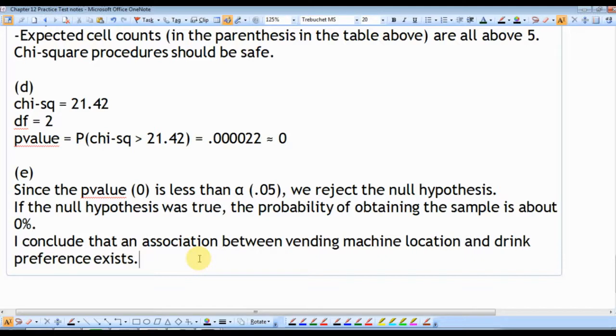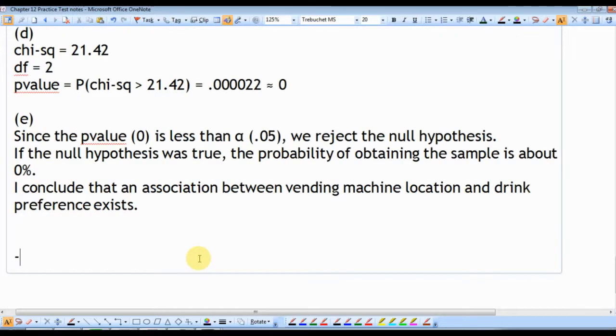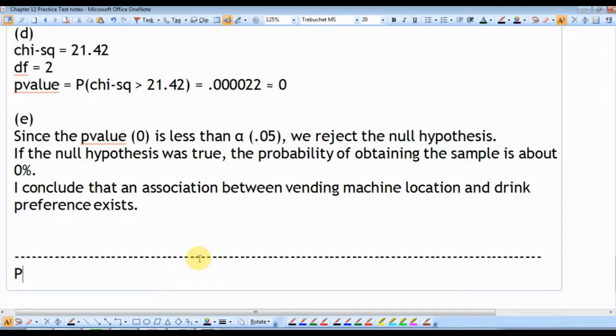Any questions on 2? Let's move on to problem 3 then. The distribution of blood types varies from country to country. In 2012, the Japanese Red Cross reported that 30% of Japanese are type O, 40% are type A, 20% are type B, and 10% are type AB.